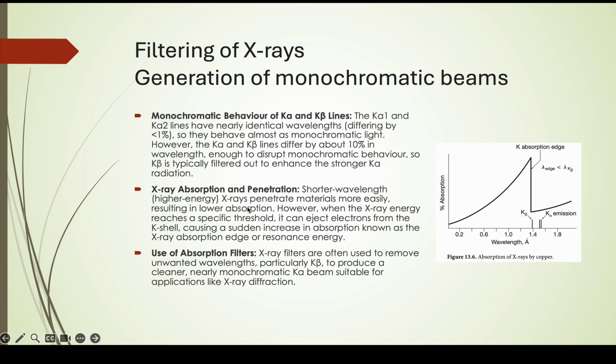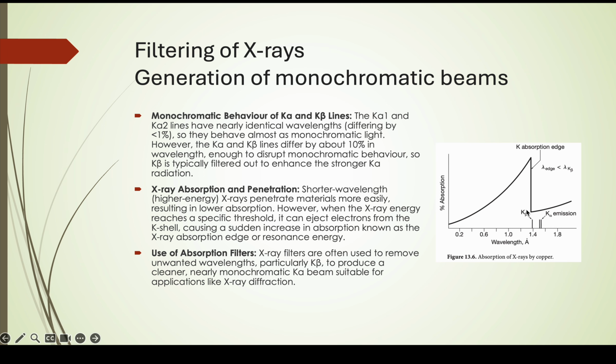But when the X-ray energy reaches a specific threshold, it can eject electrons from the K shell, knocking them out. This causes a sudden rise in the absorption, and it's known as the absorption edge.